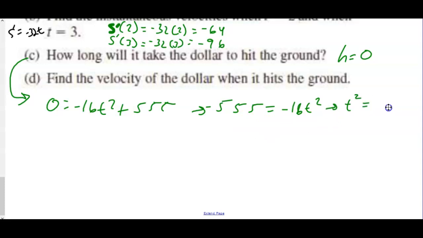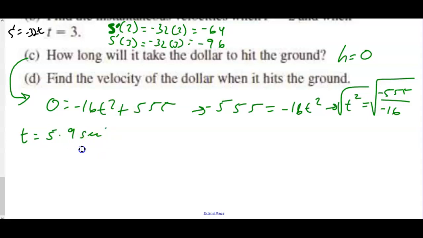Negative 555 divided by negative 16. It'll just be that. And then I take the square root on both sides. So t equals, if you do that, you get 5.9. So t equals 5.9 seconds. So it's going to take 5.9 seconds for this thing to get to the ground.